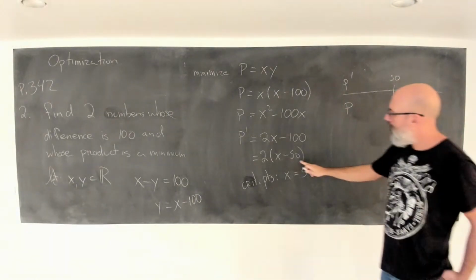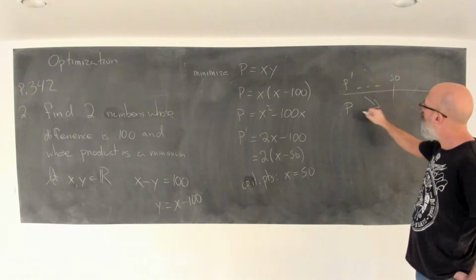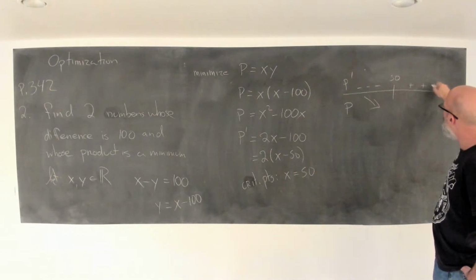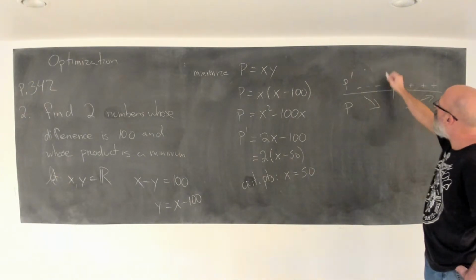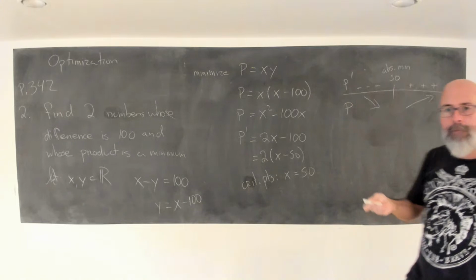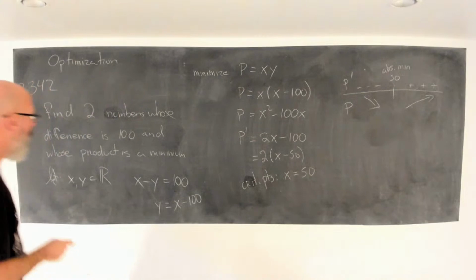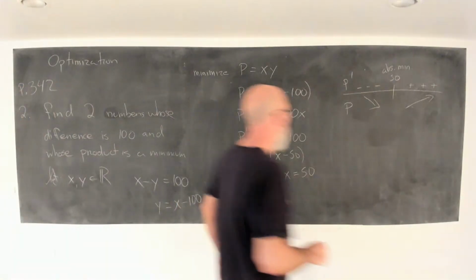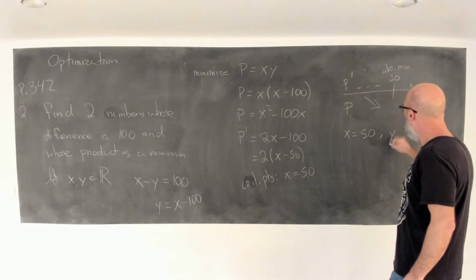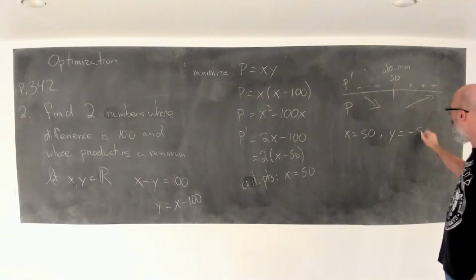If you take a number less than 50 and plug it in, it's clear that the derivative is going to be negative. And if you take a number bigger than 50 and plug it in, it's clear that the derivative is positive. So you see what's happening here. At 50, you have an absolute minimum. The question was asking for two numbers. When x is 50, y is negative 50.